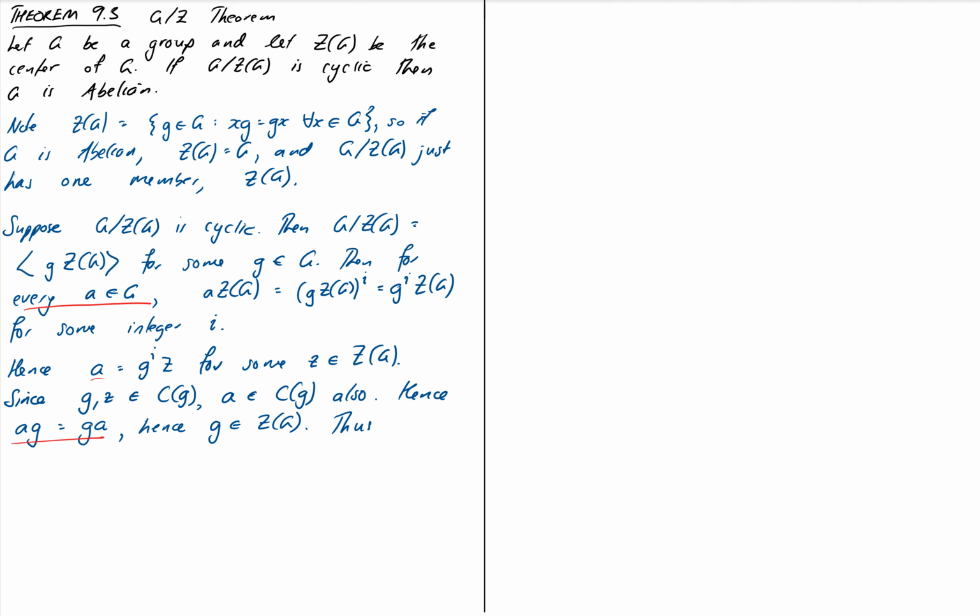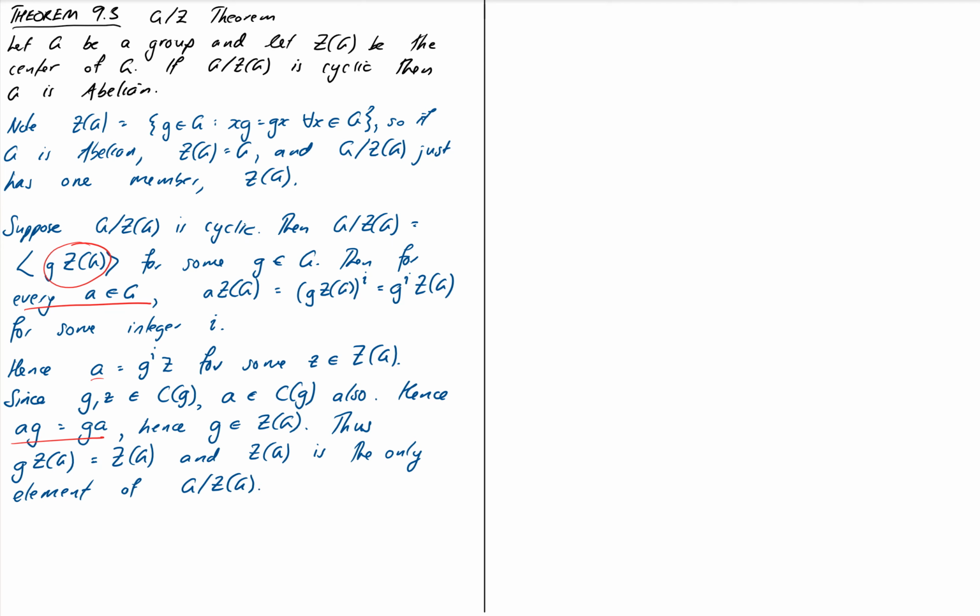Thus, if we now wind back the clock and look back here, this element here, because we've just established that g is in the center, this must just be the center itself. gZ(G) is just equal to Z(G), because if you multiply a coset by something in the subgroup, you just get the subgroup, and Z(G) is the only element of our factor group, because it's generated by itself. And that completes our proof.